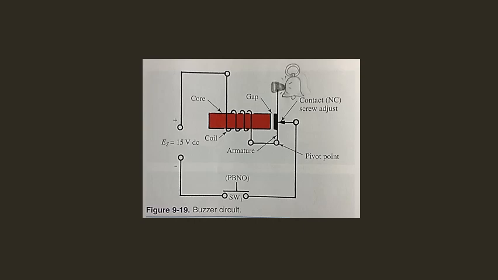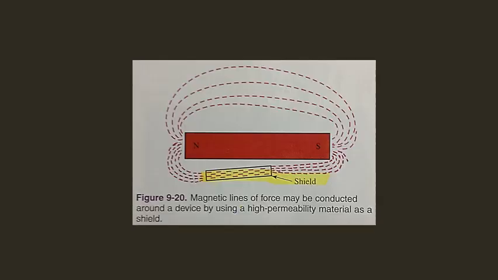So in figure 9-20, this action can be observed. By this method, magnetic lines may be conducted around the object that needs to be shielded. This is called magnetic shielding. Many shields are used in electronic equipment to prevent magnetic fields from interfering with the working circuits.